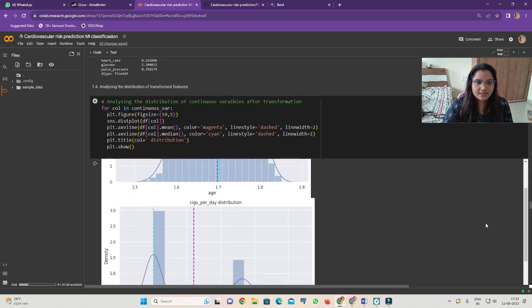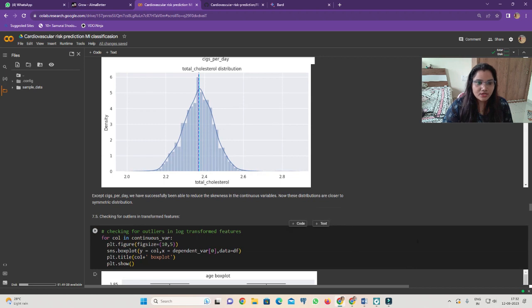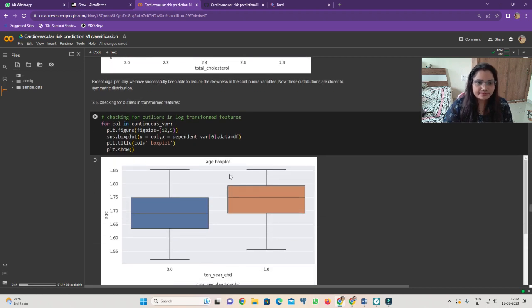Then we are analyzing the distribution of the continuous variables after transformation. Here we can see that except cigarettes per day, we have successfully been able to reduce the skewness in the continuous variables. Now these distributions are closer to a symmetric distribution. So checking the outliers for the transformed features.